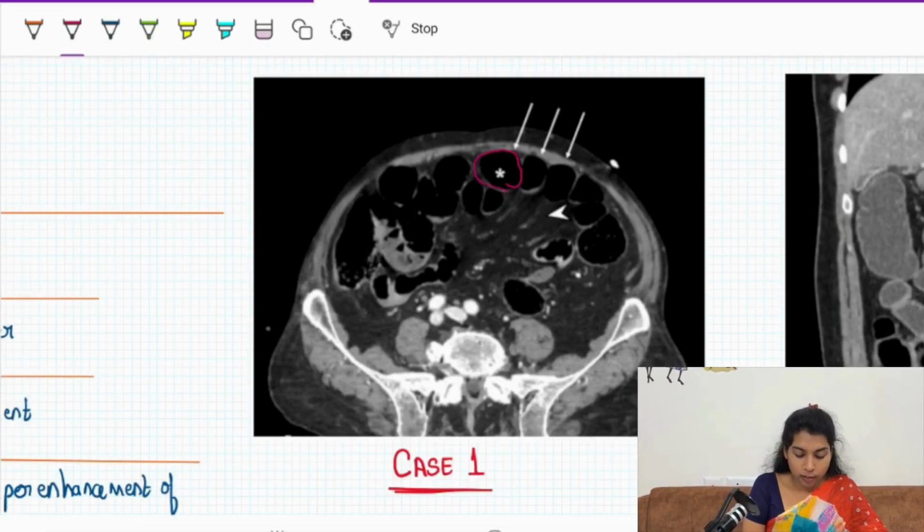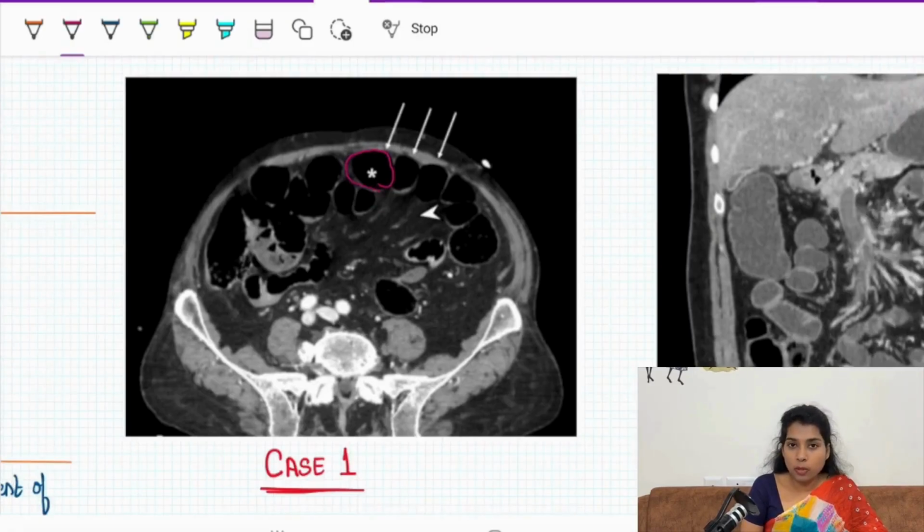And these bowel loops are filled with air. So ideally you're not supposed to see air in the small bowel loops, right? So you are seeing a paper thin bowel wall with prominent to mildly dilated small bowel loops which are filled with air. This is the first case scenario.